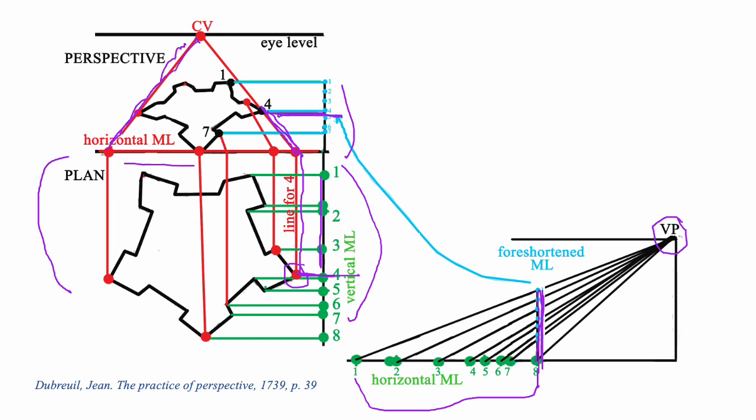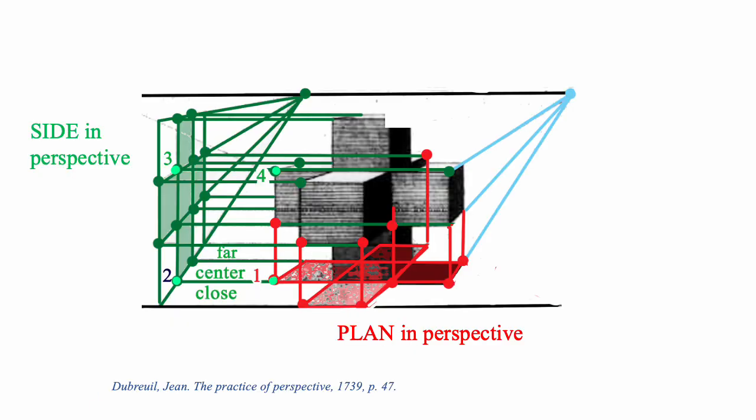In this diagram, we have a cross that is in 3 dimensions. We have a side view in perspective and the plan in perspective. So let's try to understand the form. We have a horizontal box here and a vertical box here that occupy this center area of the plan and the side view here.